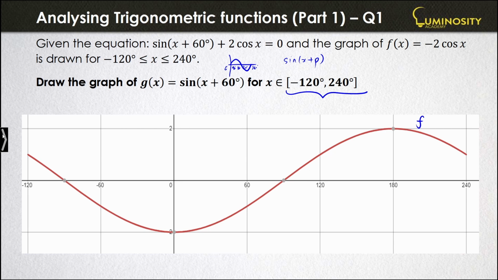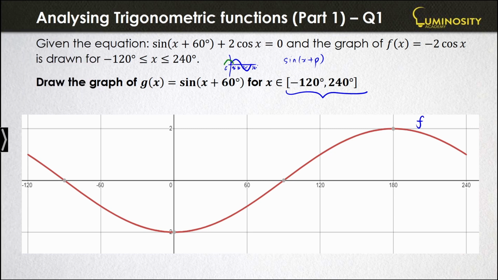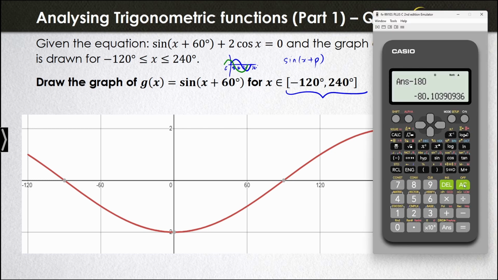So in theory, we expect the graph to look something like this. Here is sine x, so the graph would just be a phase shift of 60 degrees to the left.